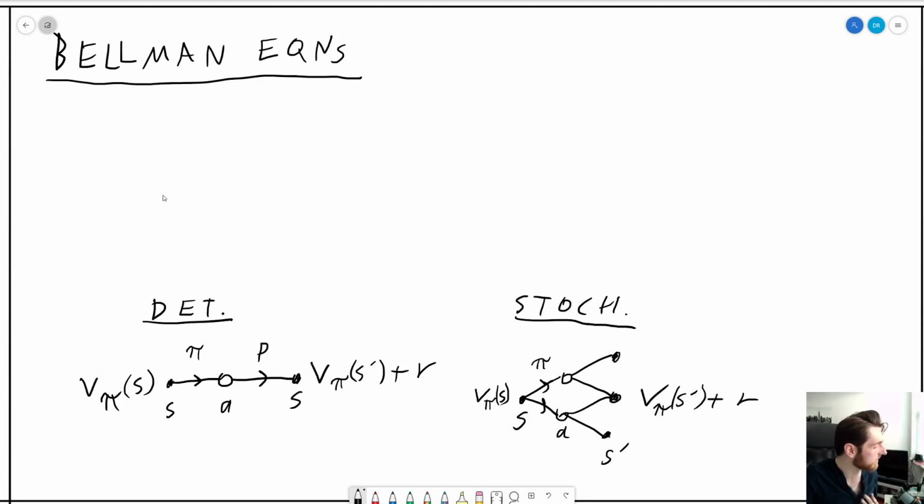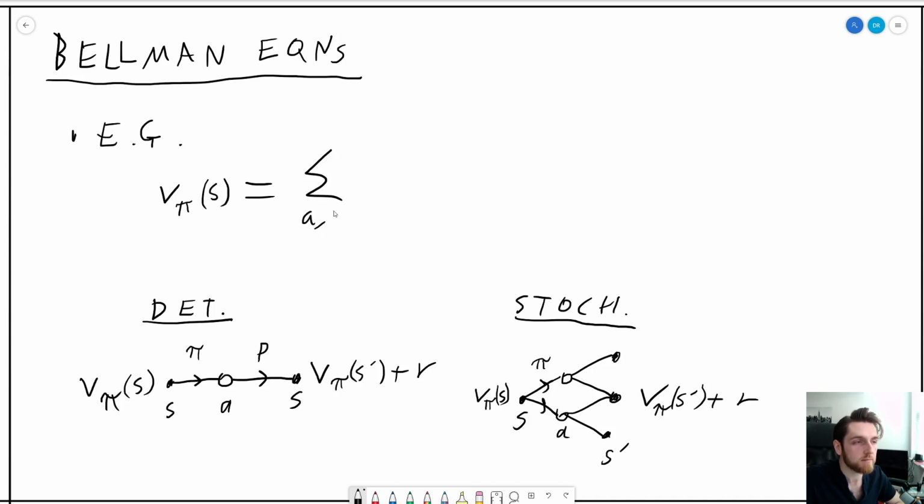So, for example, the Bellman equation relating state values to the values of the next states that could be visited would be a sum over the actions that could be taken in that state, the next states that could occur, and the rewards that could be received, with the environment probability of S primed and r given S and A, and the policy probability for the action, and then this would be summing over the reward that was received plus the value of the next state.